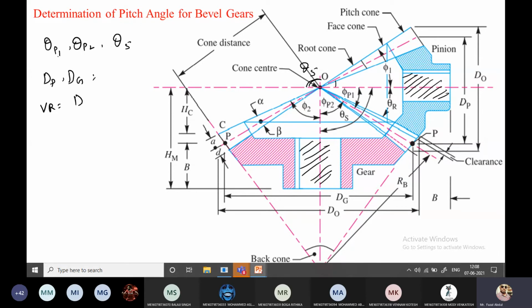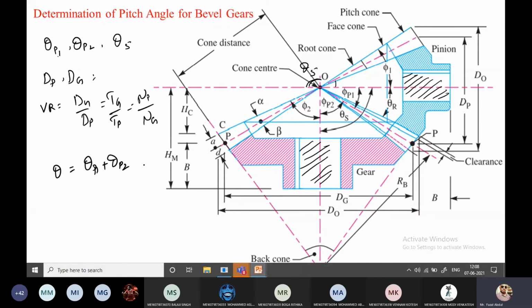Velocity ratio is nothing but dg by dp, otherwise tg by tp, otherwise np by ng. This you already know. Now the total angle between the two shafts is theta p1 plus theta p2.